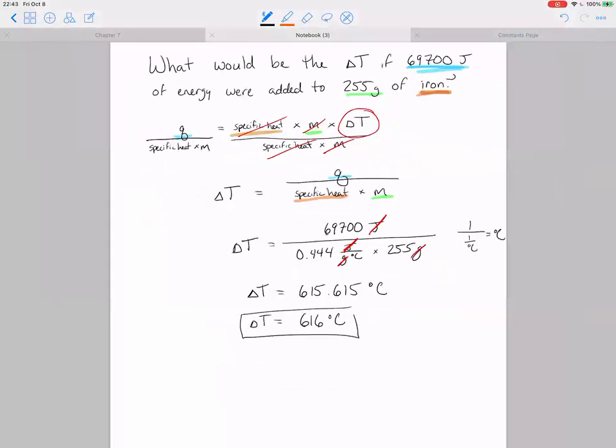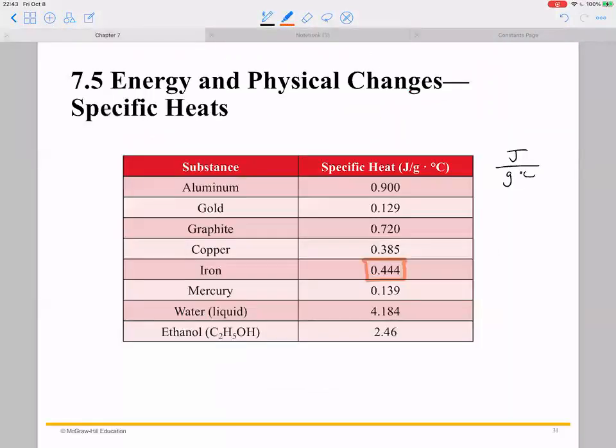And if we compare that number to the previous example, the water raised in temperature by only 65.3 degrees Celsius. The amount of energy that was input was the same and the mass was the same. The only difference is the specific heat. So we had roughly 10 times more of an increase in temperature for iron.